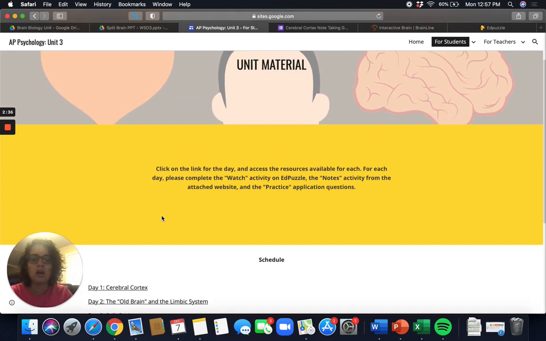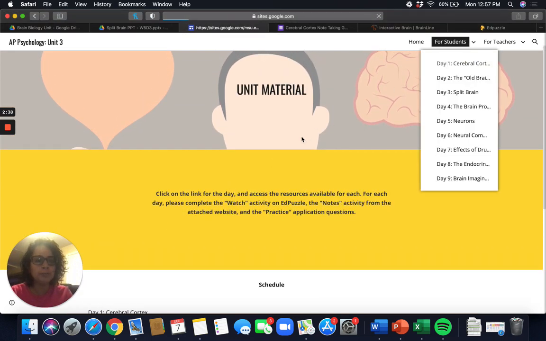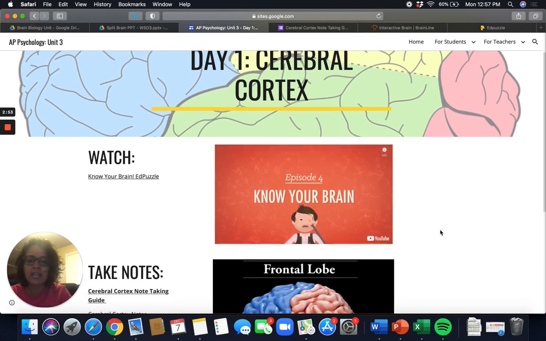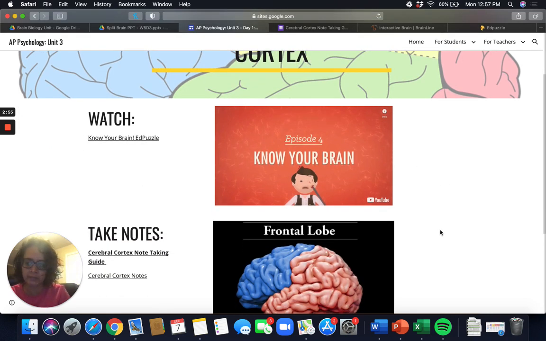So for example, if we go to day one, almost every day is set like this except for a project that I put in the middle just to break things up so students can interact with the material even more and personalize it to themselves. But every day, students watch an Edpuzzle.